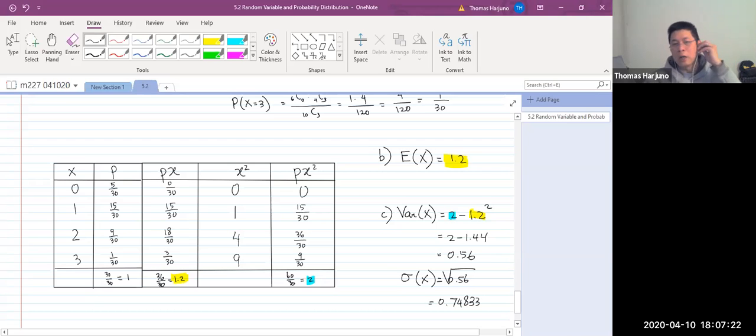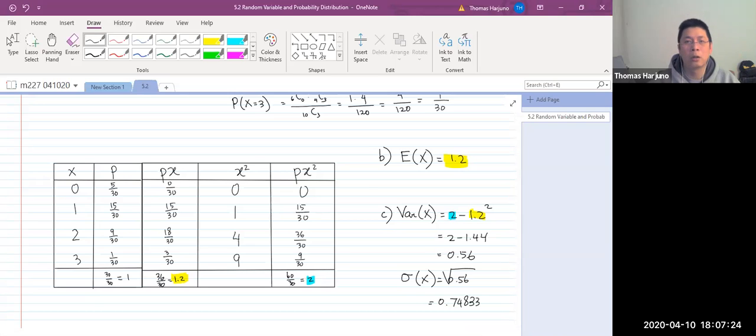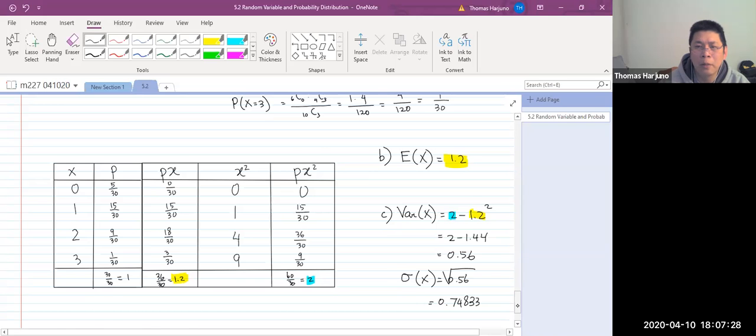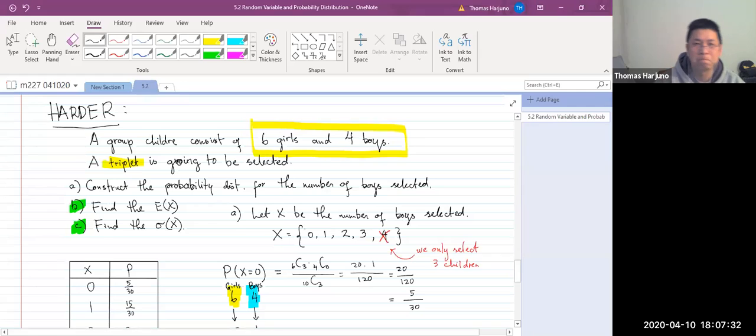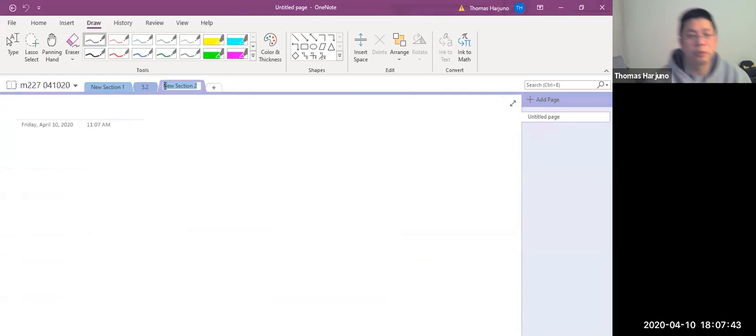Okay, now this is for constructing the probability distribution given this type of harder question. Okay, that's for 5.2. Let's go on to 5.3, binomial distribution.